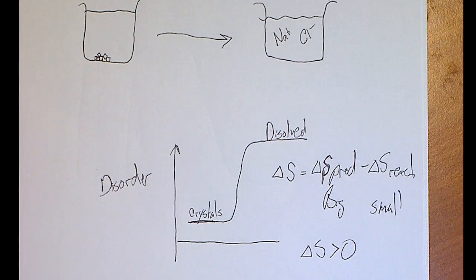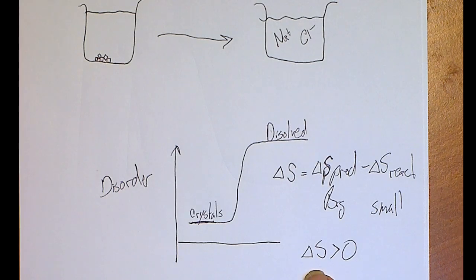That's a spontaneous event. You don't have to do anything. You put the food coloring in, it spreads out. I would say that's a 0 enthalpy reaction. If you put a drop of food coloring in water and let it spread out, it's not going to get hotter or colder. The temperature's not going to change. It's driven by the fact that the change in entropy is greater than 0.